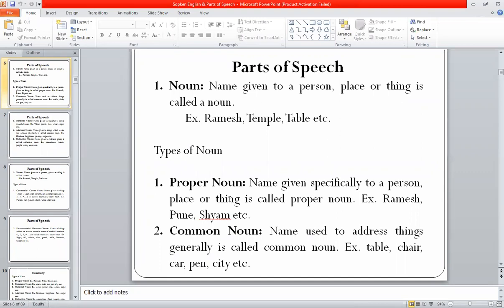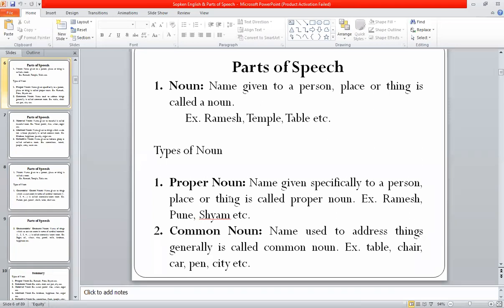Very first type of noun is proper noun. So what is its definition? Let's see. A name given specifically to a person, place, or thing is called a proper noun.